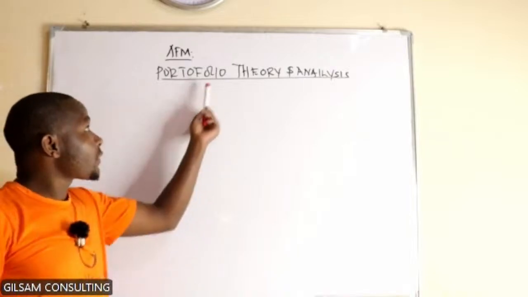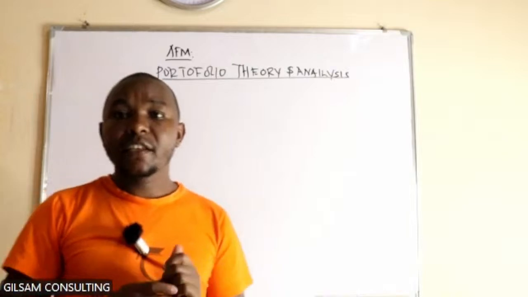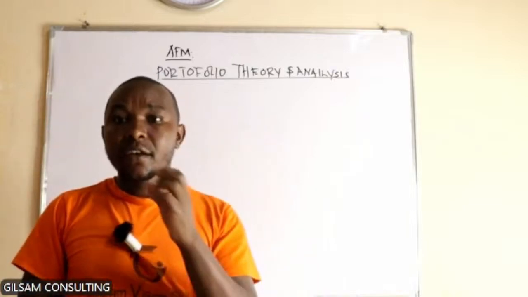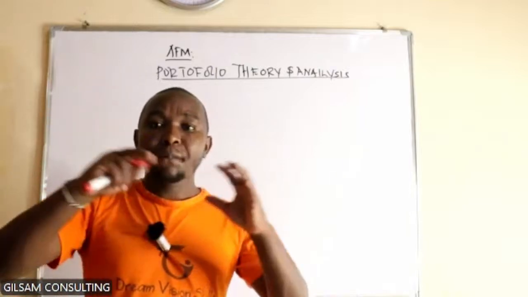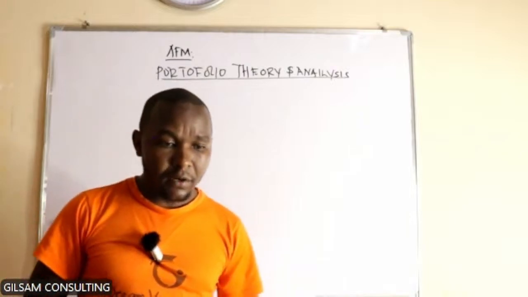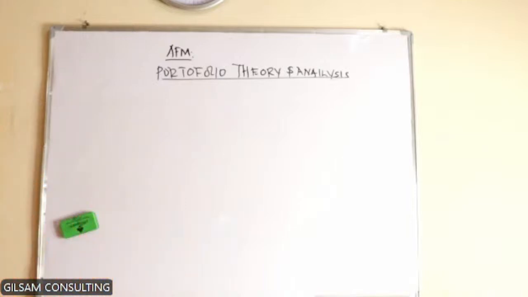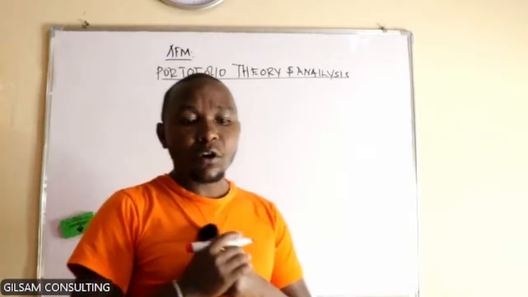When we talk of a portfolio, maybe you have investment A, investment B, and investment C. When you combine all of them, then we call it a portfolio. So let's write a definition: a portfolio is a collection of investments.